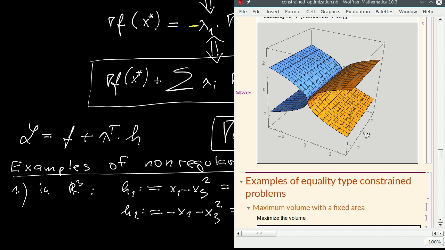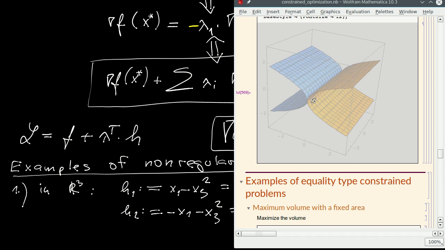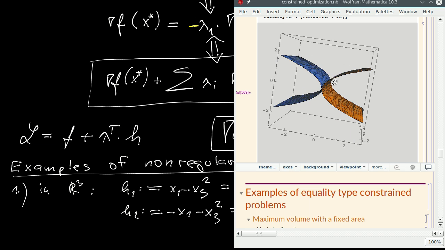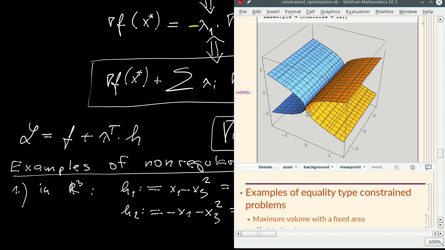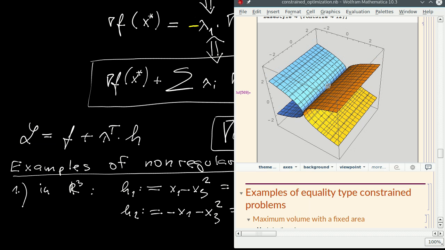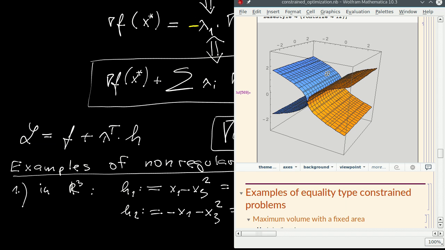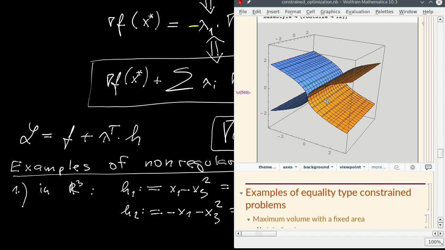And now let's have a look, even visually without computing anything. Pick an arbitrary point along the x2 axis, say the origin of the coordinate system 0, 0, and look at the gradient vectors to the two surfaces. Obviously, they point along the x1 axis, right? The two are collinear.